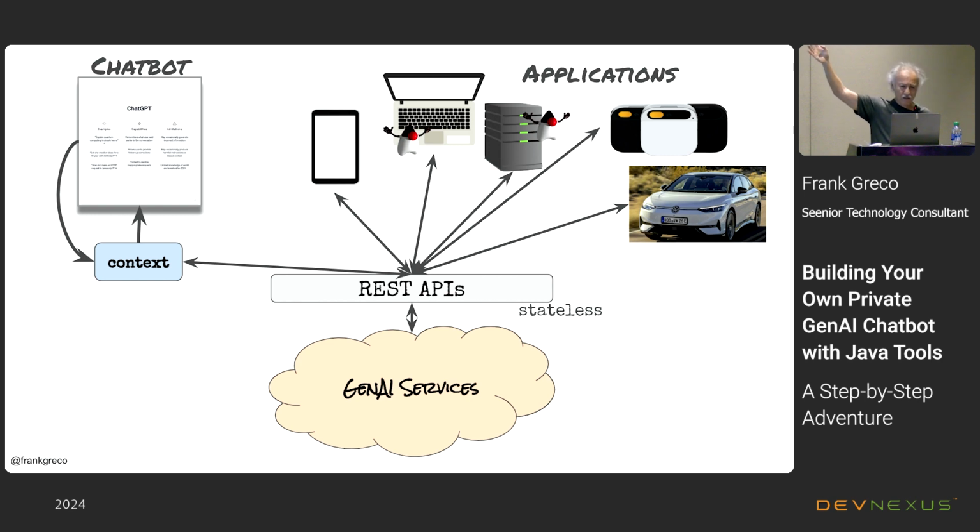Believe it or not, Volkswagen has ChatGPT in the car. Okay, kind of scary. But what's interesting is a chatbot has to have context, yet it's still stateless at the REST API layer. Somebody has to keep context, which I'll go through.